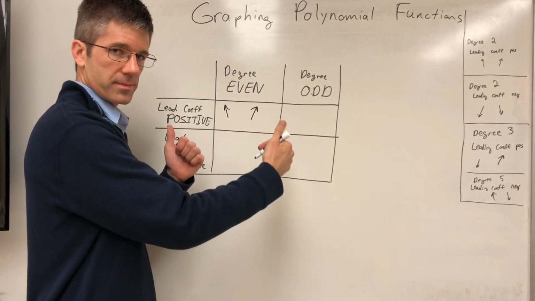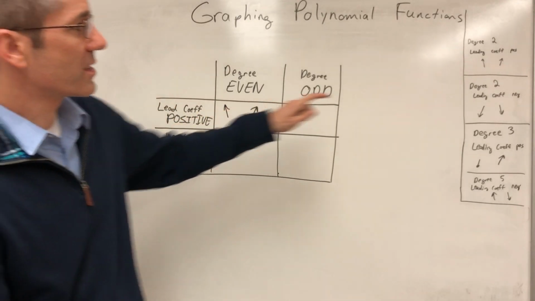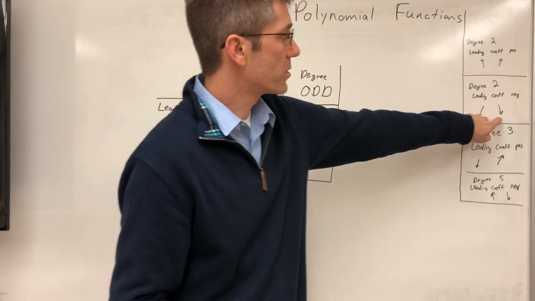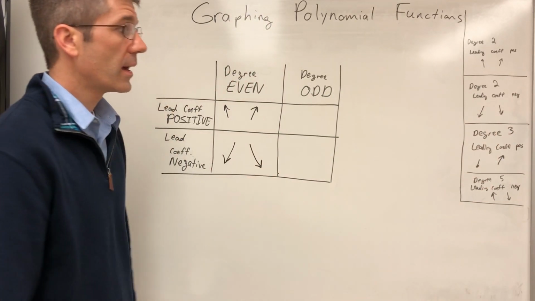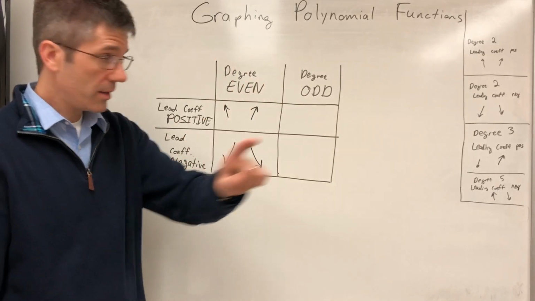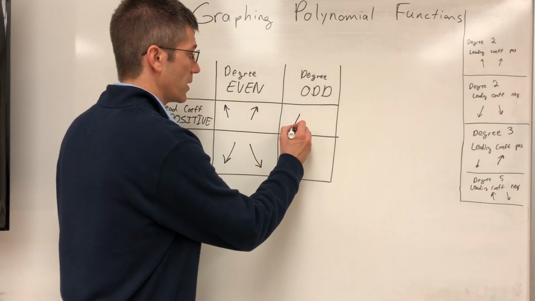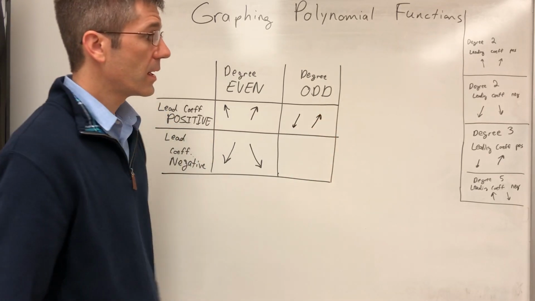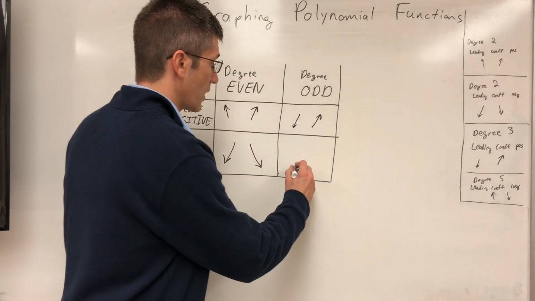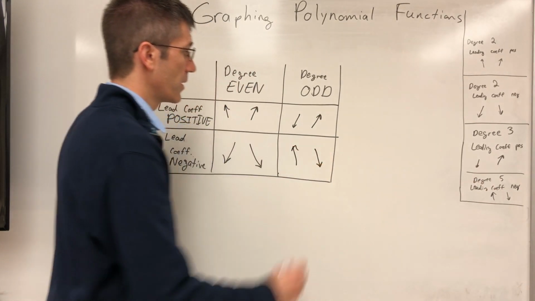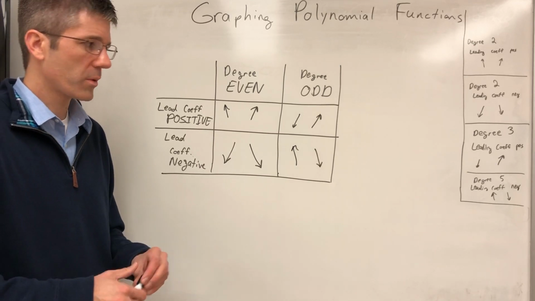It's going up, up, okay? If my degree is even and the leading coefficient is negative, it goes down, down. If my degree is odd and my leading coefficient is positive, it's down, up. If my degree is odd and my leading coefficient is negative, it's up, down. That seems like a lot to memorize, but it really becomes pretty straightforward after a while.